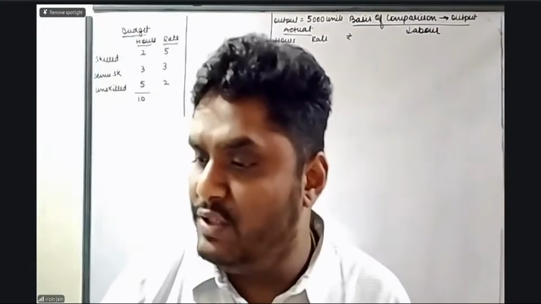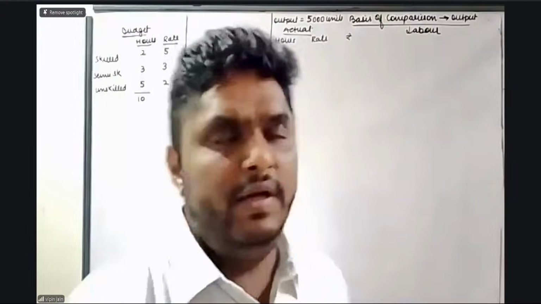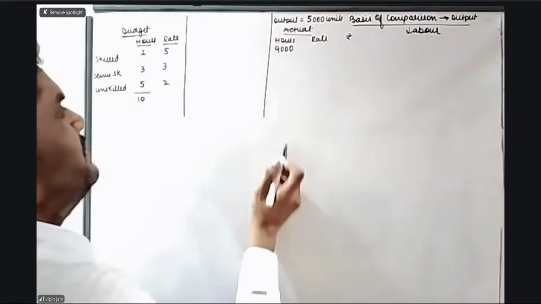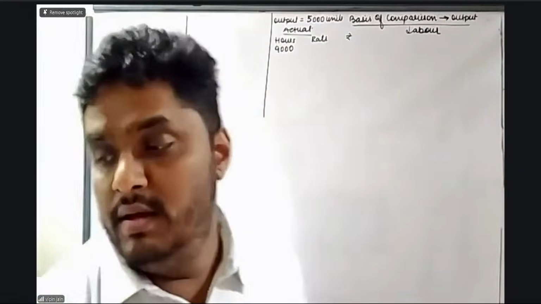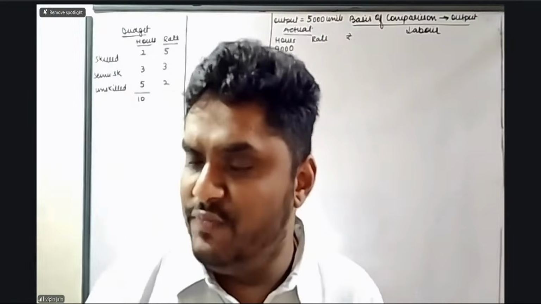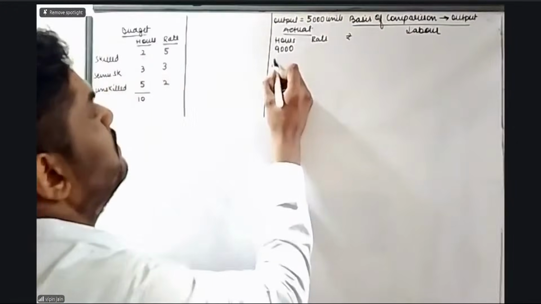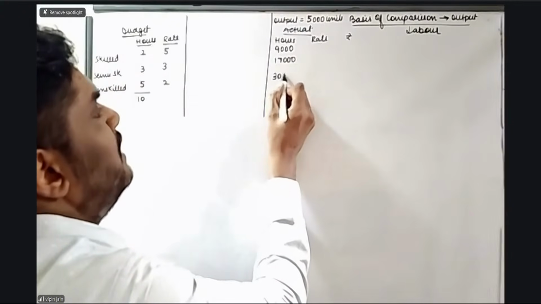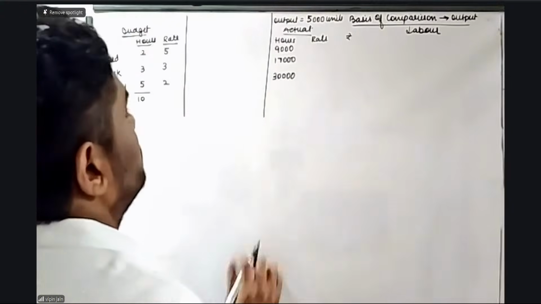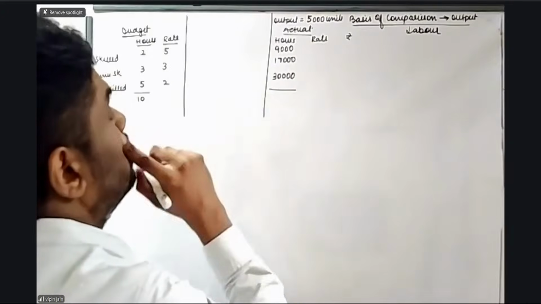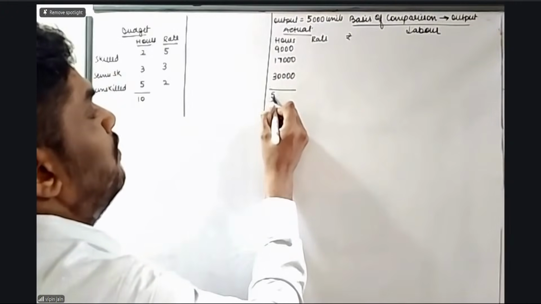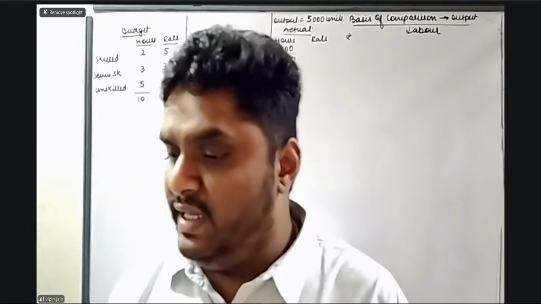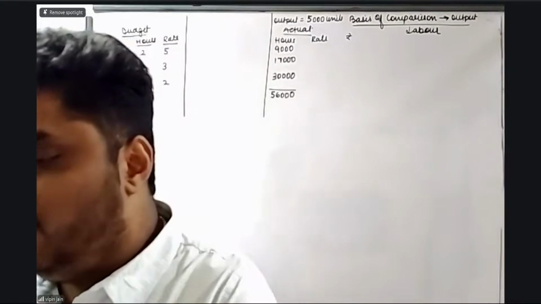When talking about the actual hours, we took 9,000 hours for skilled, 17,000 hours for semi-skilled, and 30,000 hours for unskilled. 56,000 hours in aggregate we consumed to manufacture 5,000 units.